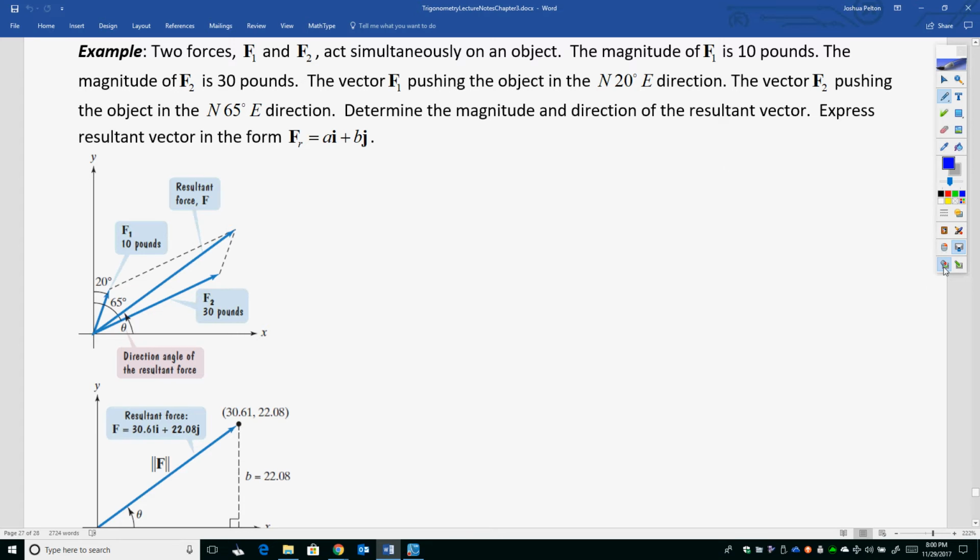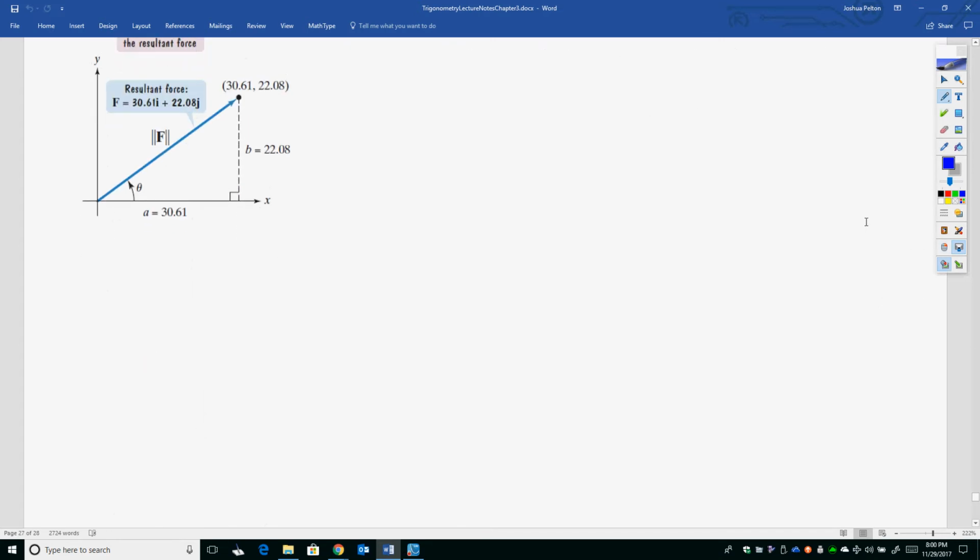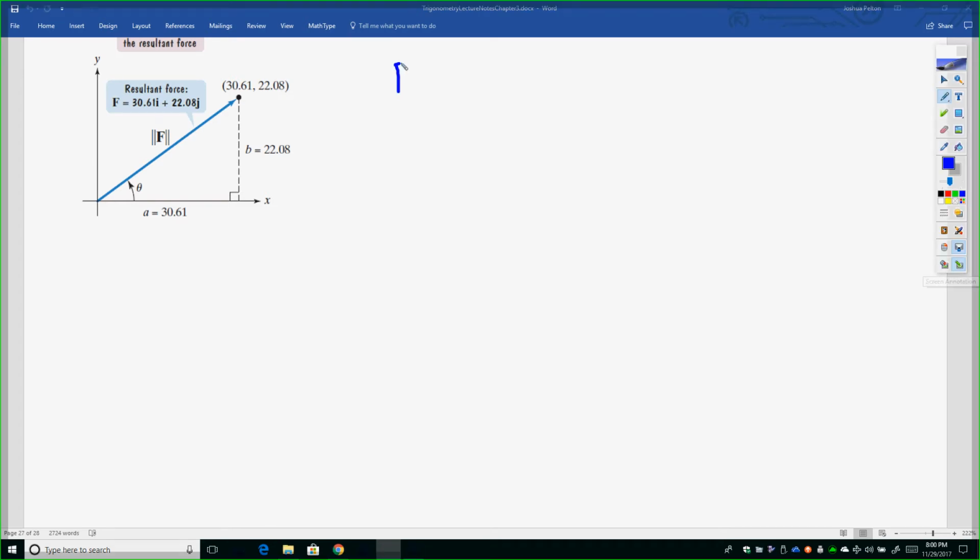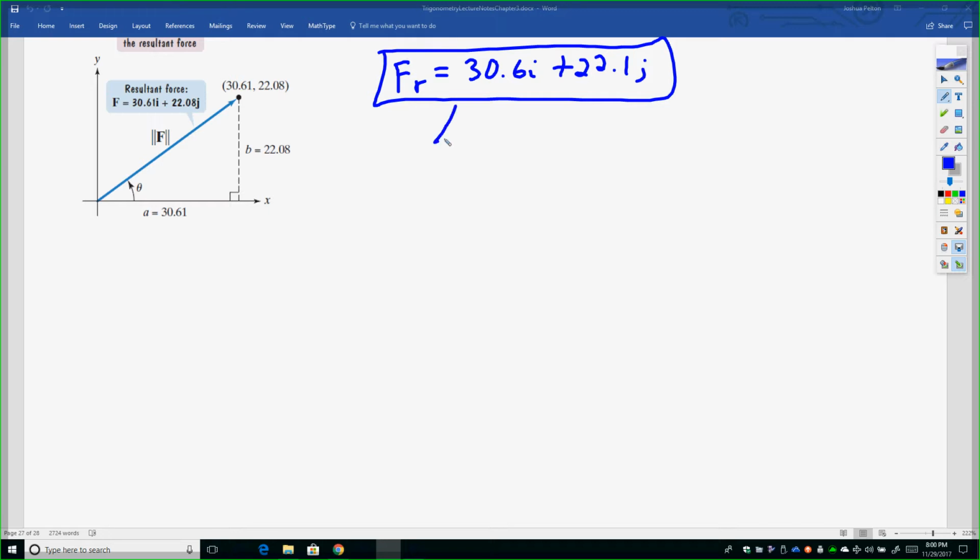So, we have a resultant vector of 30.6i plus 22.1j. And the two things we want are the magnitude and the direction. Well, I drew this over here. This is a little bit better rounding on this. But we want to figure out the resultant, right?